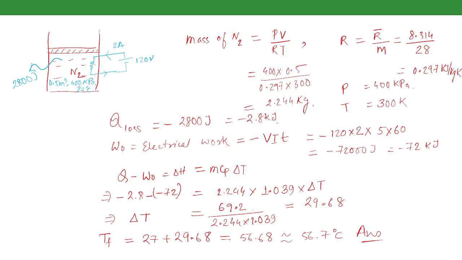But in this case, due to the increase in pressure, suppose it was 400 kilopascal and now increases to 401 kilopascal. Initially this 400 kilopascal was balancing the outside pressure, so let us say the atmosphere itself was at 400 kilopascal.